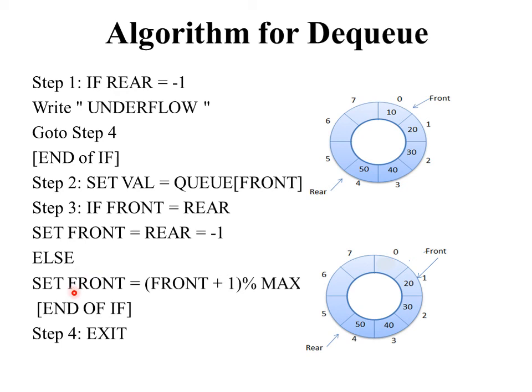Else set front equal to (front + 1) mod max. So here the value of max is 8 and the value of front is 0. So 0 plus 1 is 1. So 1 mod 8 is 1. So front is shifted to the first index and the value at the 0th position is deleted. So here 10 is deleted.